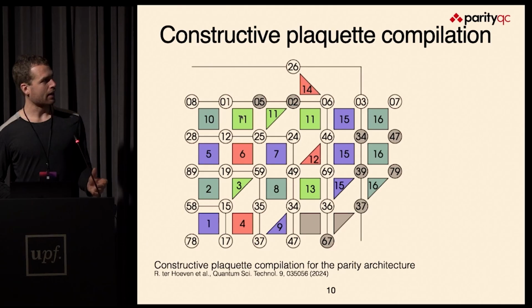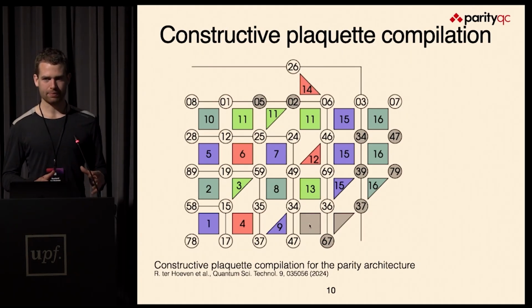And basically, after we've found this plaquette, which is stretched out in this example, you can keep going in this layer and add a normal plaquette and another one. This 12 and 13, they are just direct puzzle pieces from your problem. And then here's a bit of a special case where we add this gray plaquette just to fill up the layer.